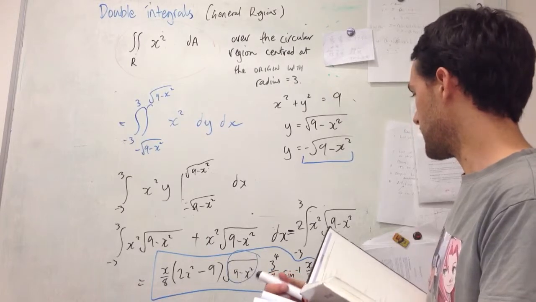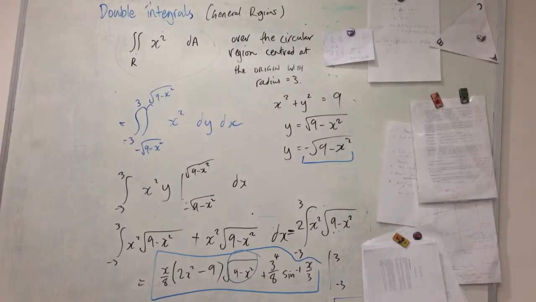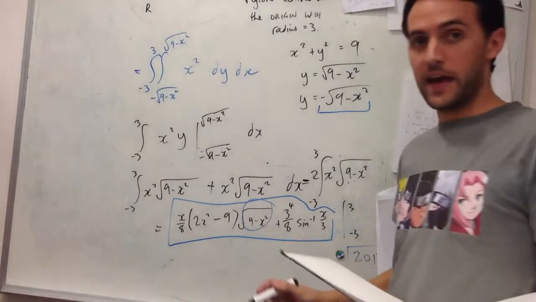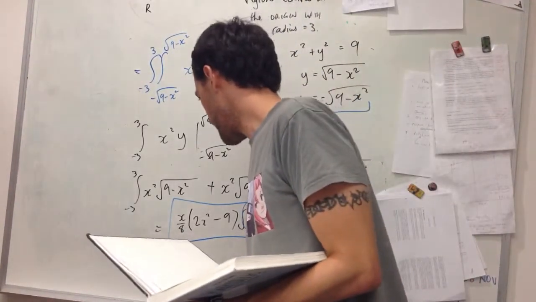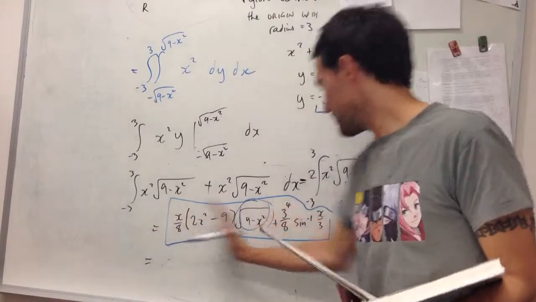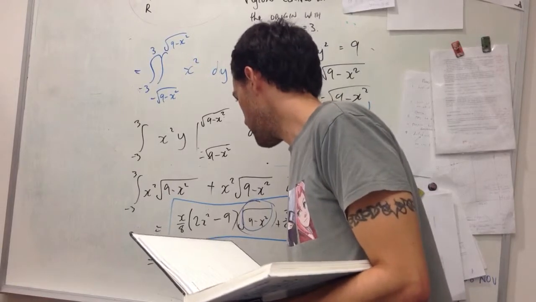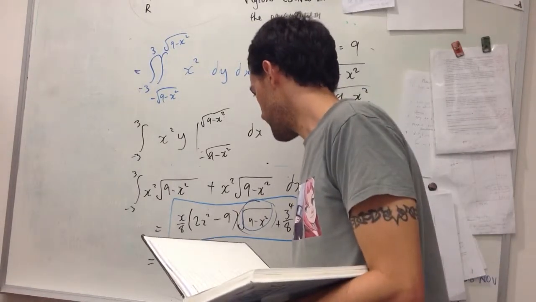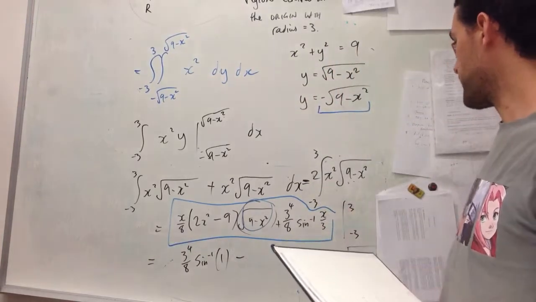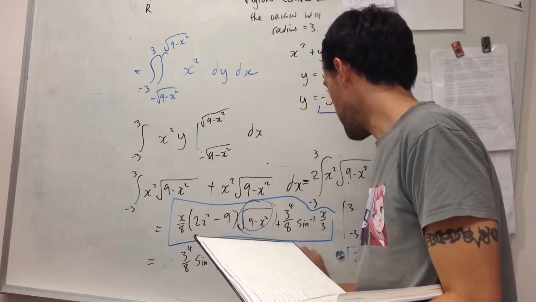So what I'm actually going to get is, when x equals 3, 3 to the 4 on 8 times inverse sine of 1. And then minus, when x equals negative 3, 3 to the 4 on 8 times inverse sine of negative 1.